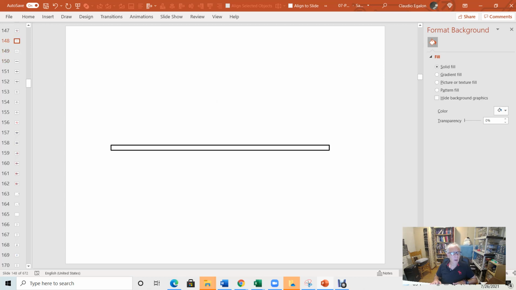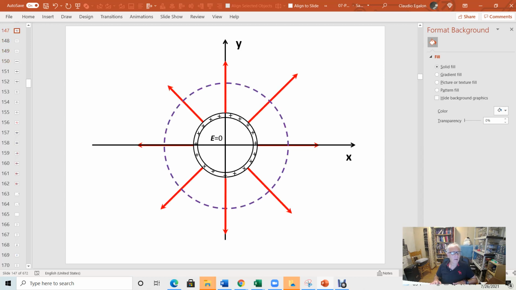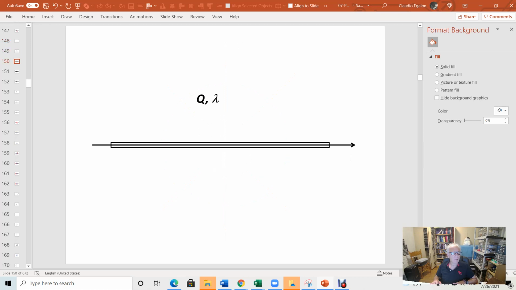For this type of problem, you have to define what we call a linear charge distribution, lambda. Okay? That's what I'm doing, and you're going to see why. There's a reason for that.